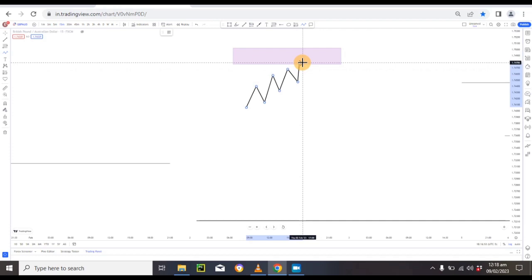Though that's cool, if you really want to boost your confidence or want to trade with that nice confirmation, it's really good if you step down to the lower time frame to get that nice entry that can give you that nice risk to reward.